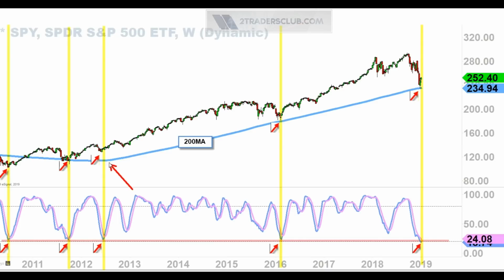Even if you bought it there, a lot of people get scared out before you get a real move. They get scared out after a couple of days or weeks, and when you see a little bit of correction right here, a lot of people close out their position and miss out on the entire move. And then they always scalp it here and there.